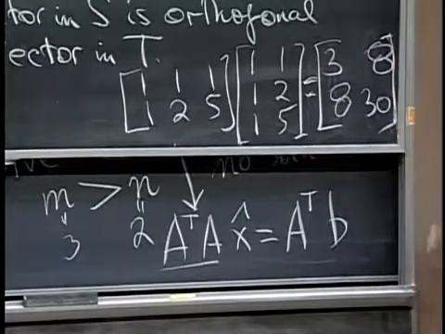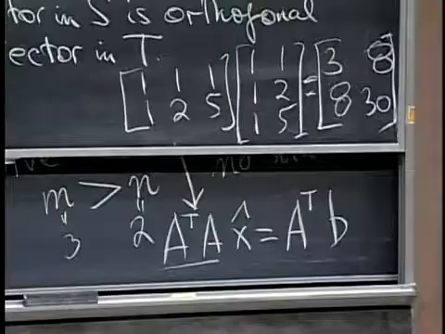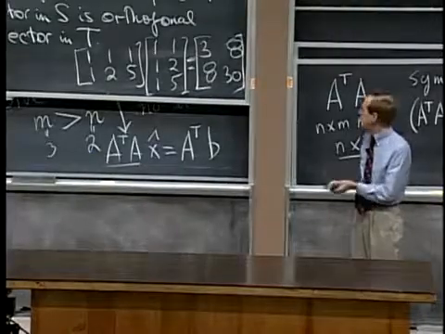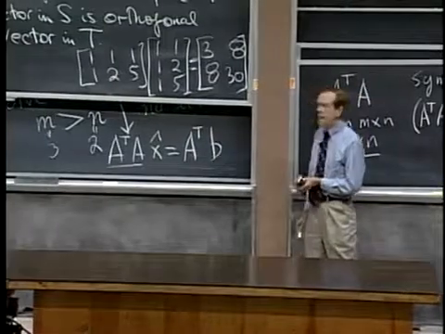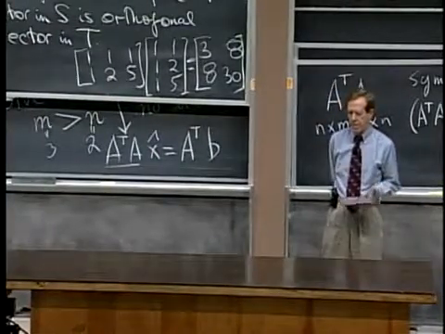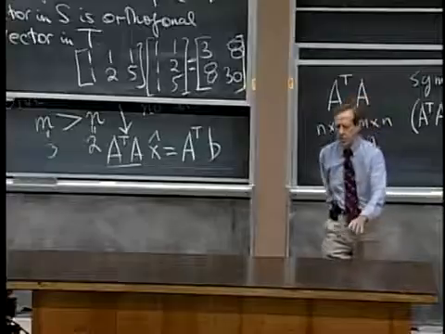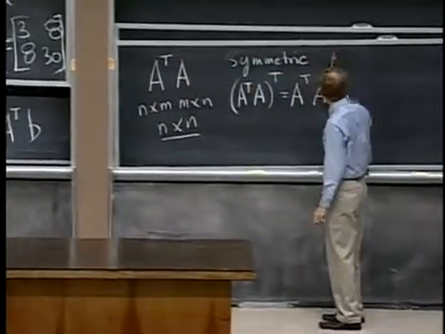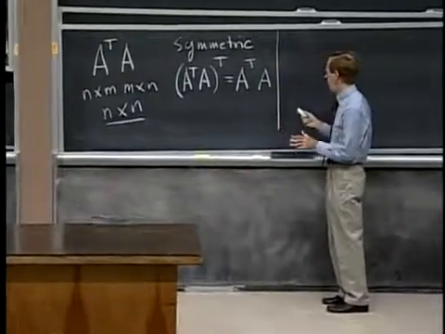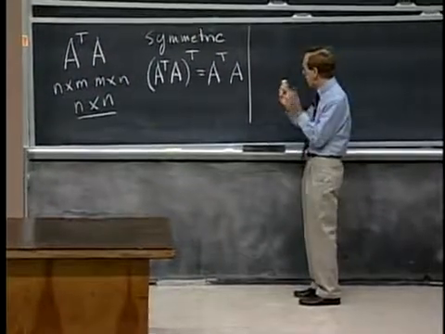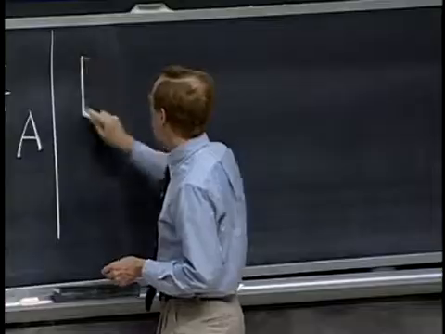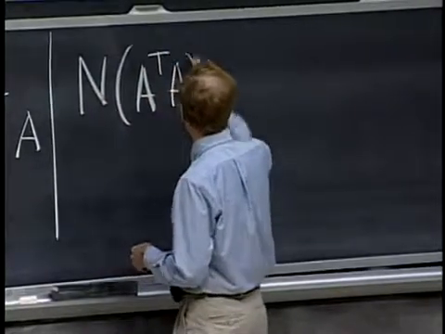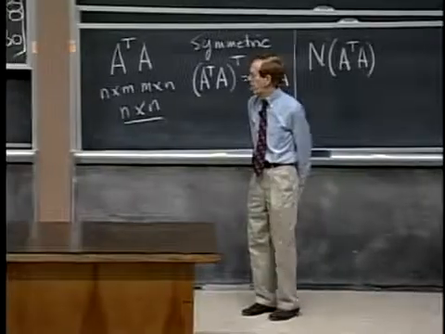And is that matrix invertible? There's A transpose A. And it is invertible, right? 3, 8 is not a multiple of 8, 30, and it's invertible. That's what I expect. So here's the key point. A transpose A is not always invertible.